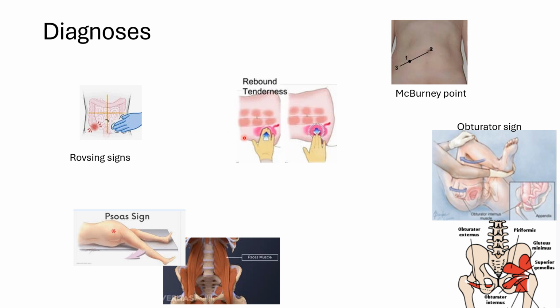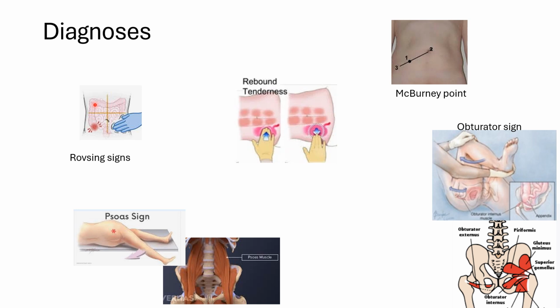And there is another exam that we can do on a patient, which is known as Rovsing sign. How can we do the exam?